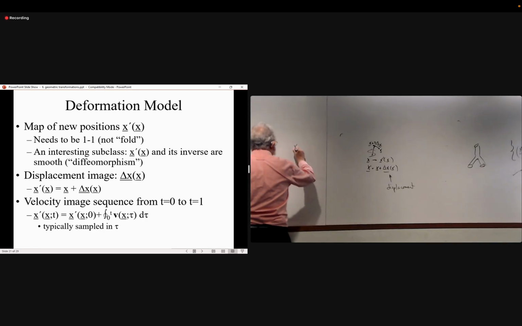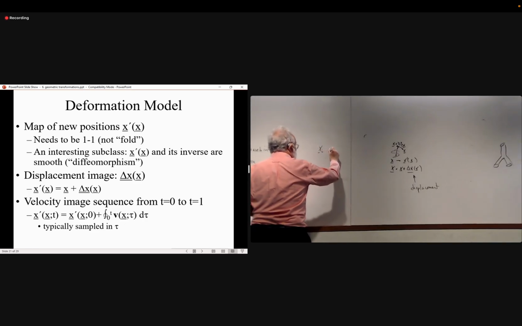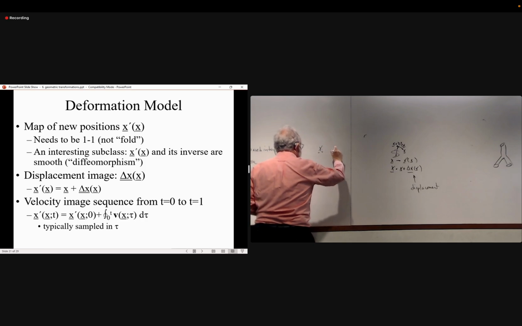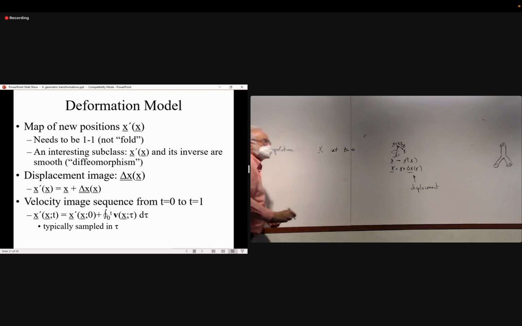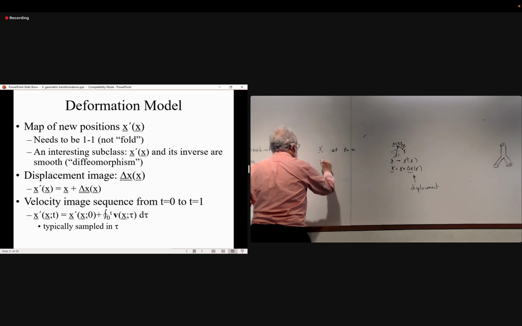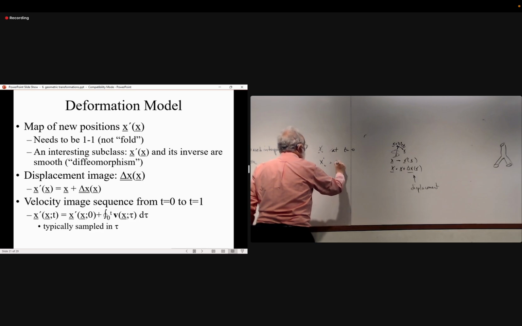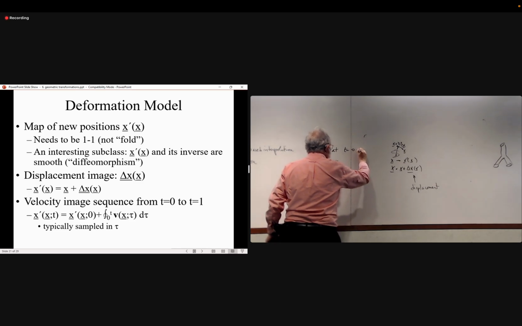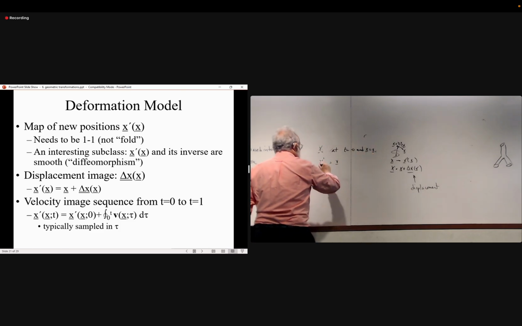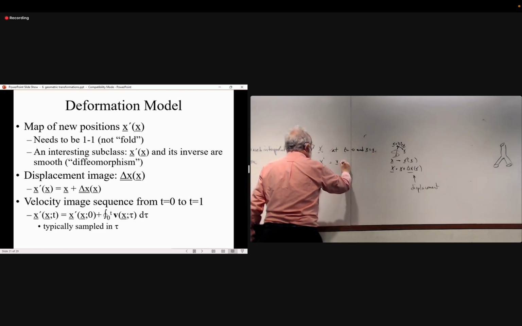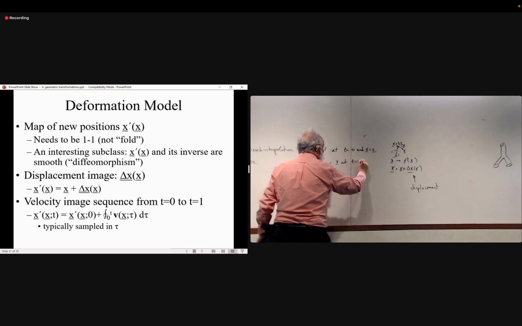One way to think of this is that xi is x at t equals 0, and xi prime is x at t equals 1.